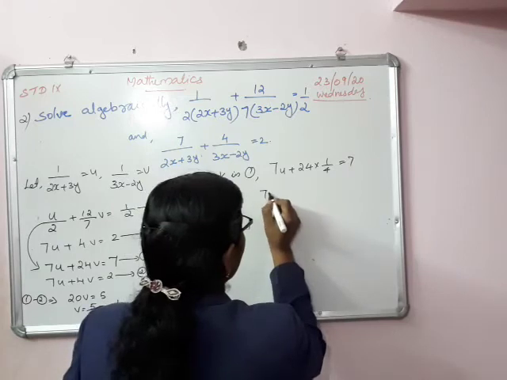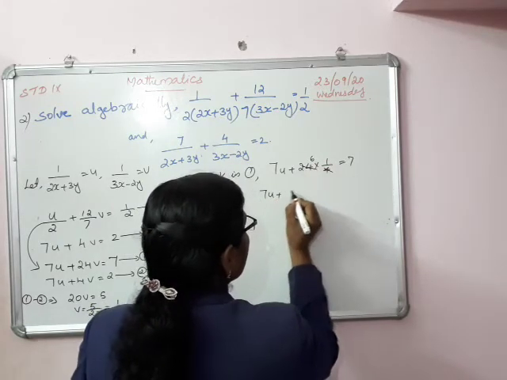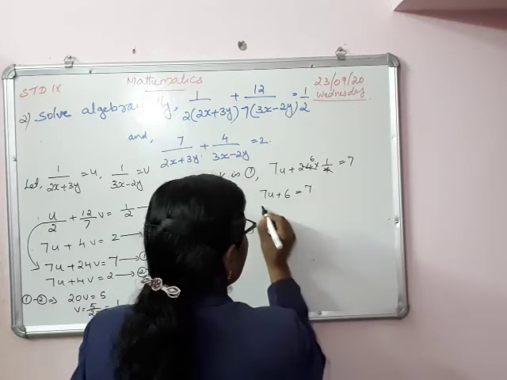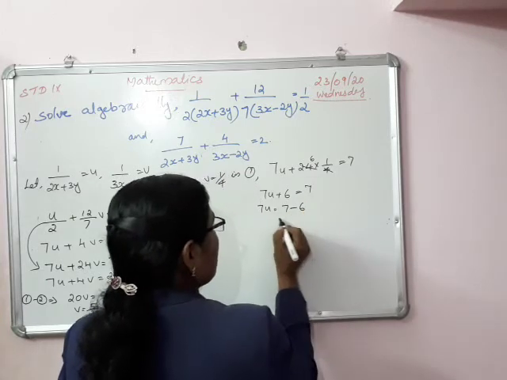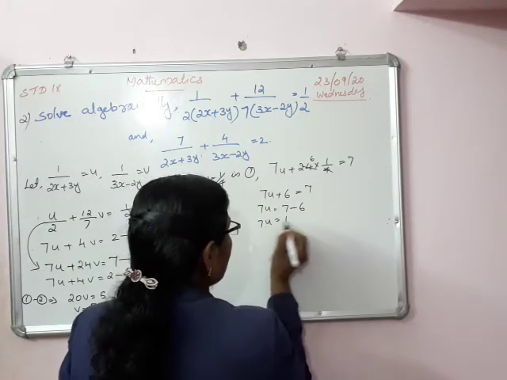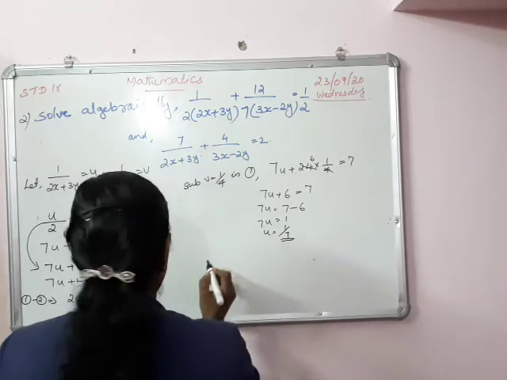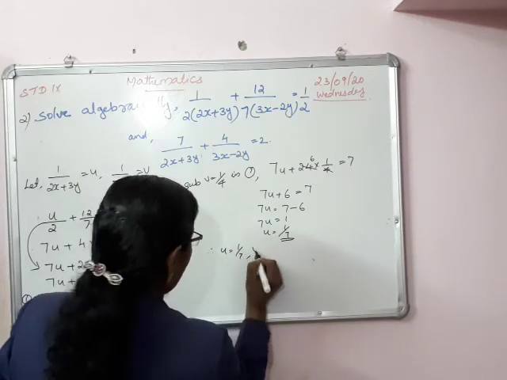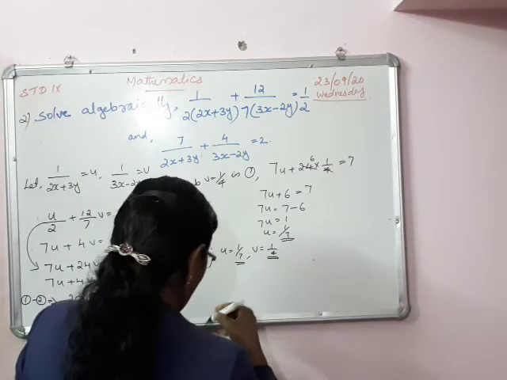So 7u plus 6 is equal to 7. That is 7u is equal to 7 minus 6, that is 1. 7u is equal to 1. Therefore, u is equal to 1 by 7, and v is equal to 1 by 4. This is the value of u and v.